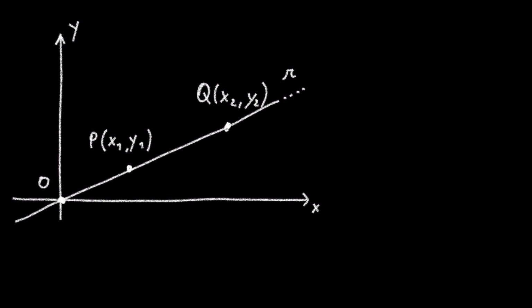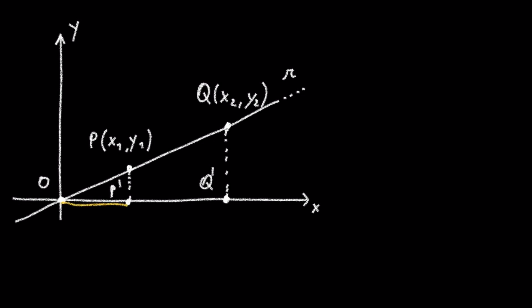P' and Q' are the orthogonal projections of P and Q onto the x-axis. So we can draw P' here, and this is point Q'. You can see that the triangles OP'P and OQ'Q are similar.